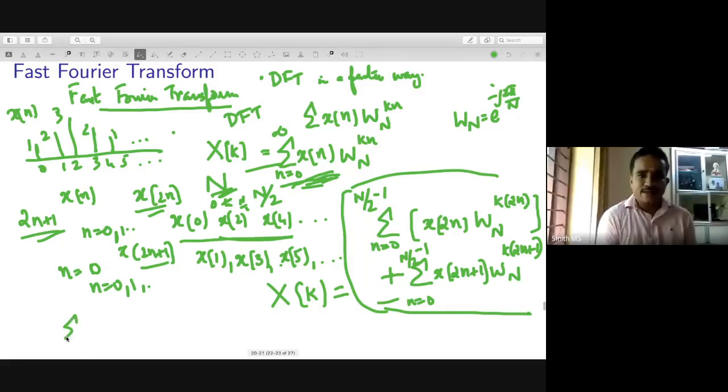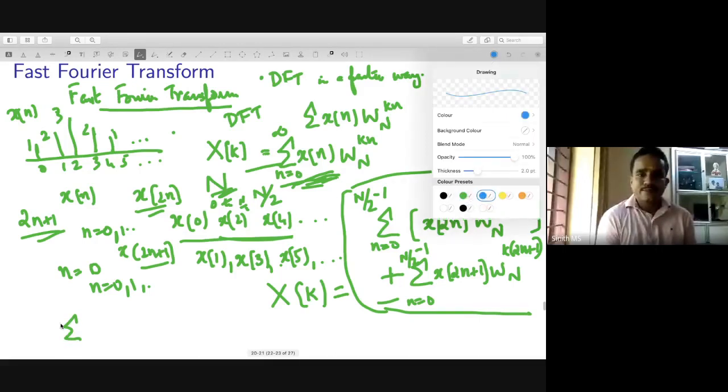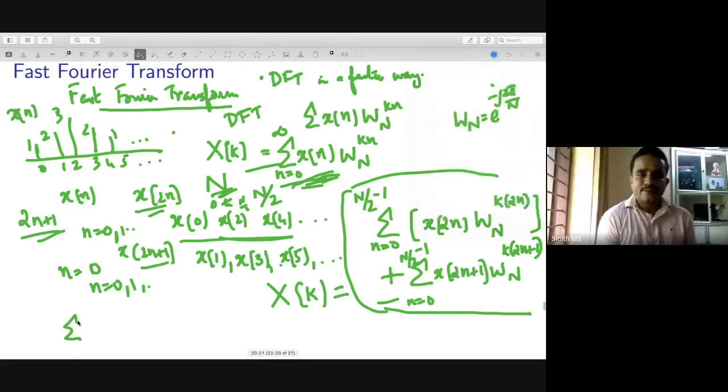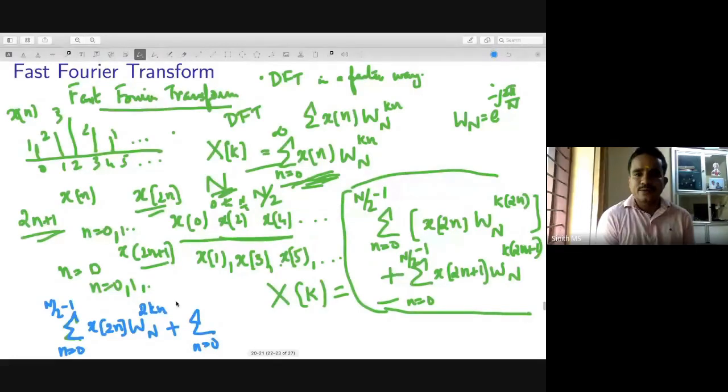Okay, let us write the whole term: sigma n equal to 0 to N/2 minus 1 x(2n) W_N raised to 2kn, plus sigma n equal to 0 to N/2 minus 1 x(2n+1).